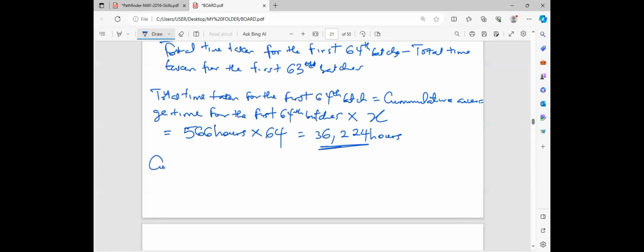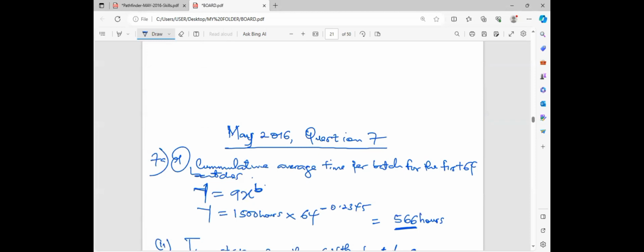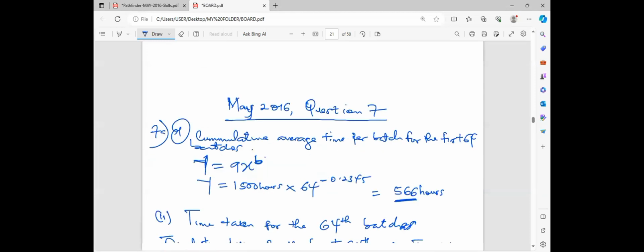So let me define it as Y63, which will be AX raised to power B, which is 1,500 hours times 63 raised to power minus 0.2345, if I'm right. Let's calculate.